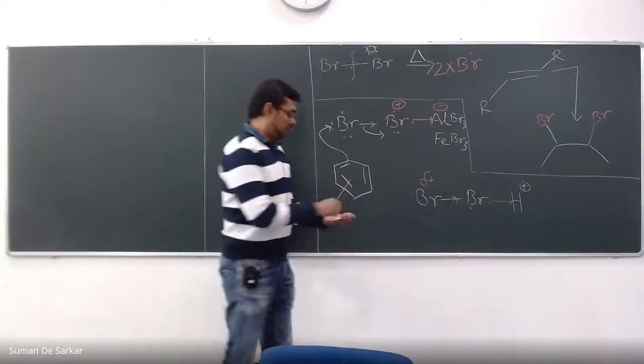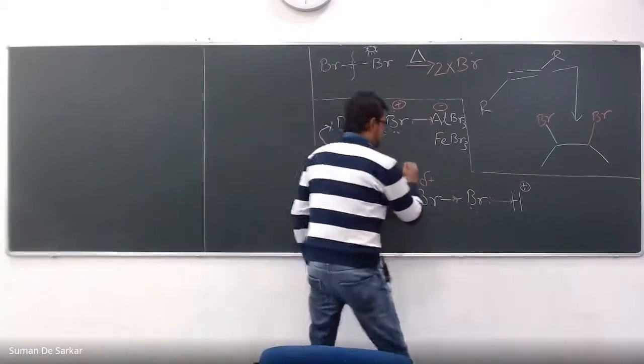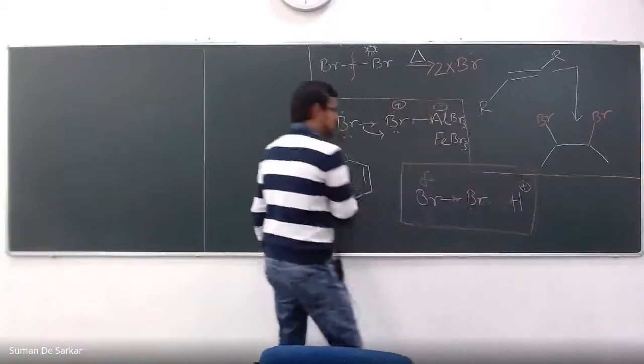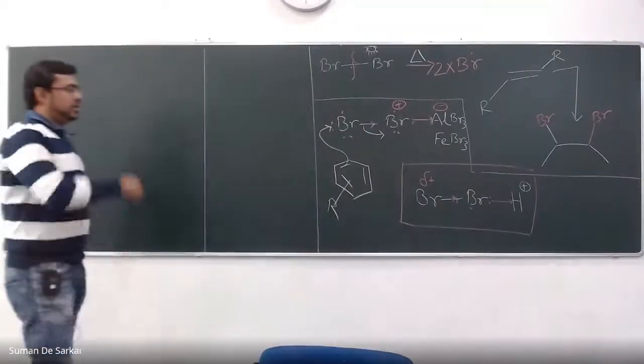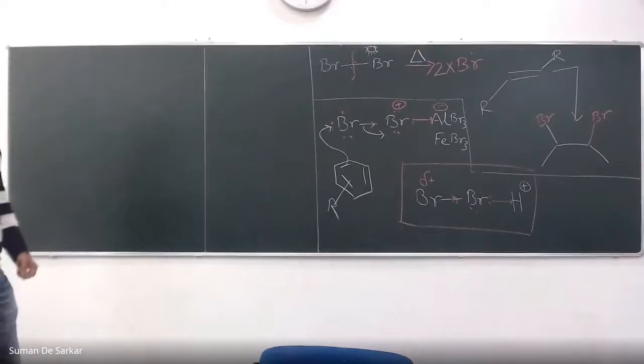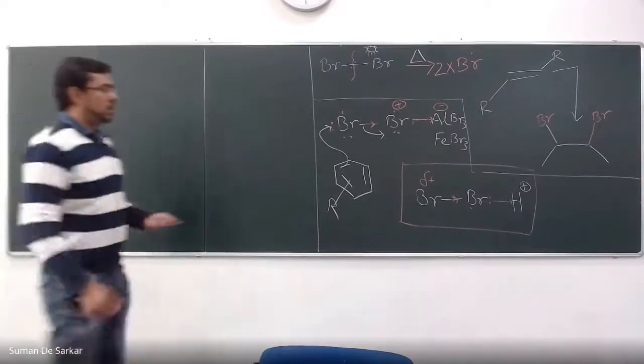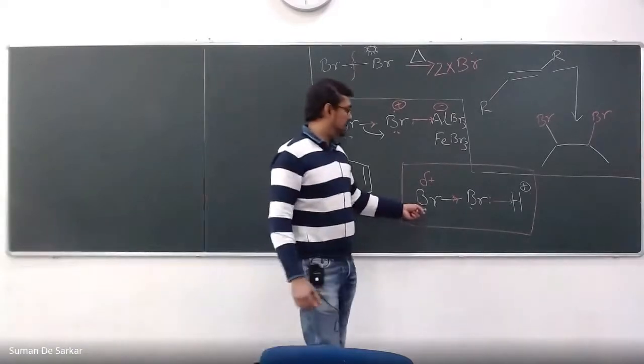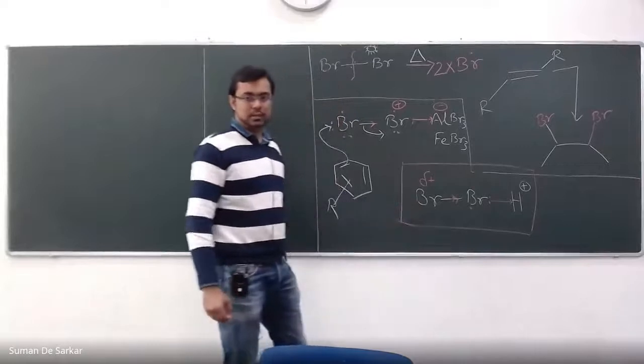Okay, so just using this concept, you can see that if you mix bromine with an appropriate acid, then the homogeneity or the non-polarity of the bromine will break, and one terminal of the bromine may become positively charged.